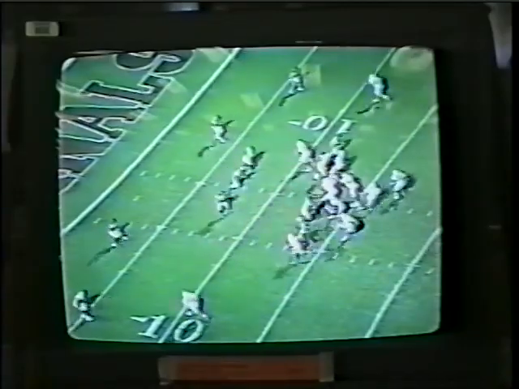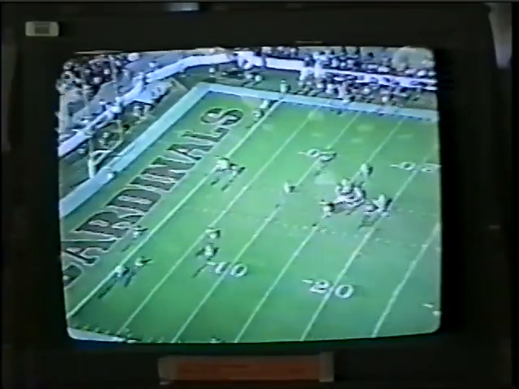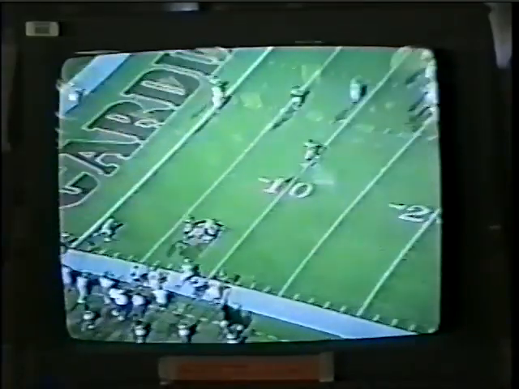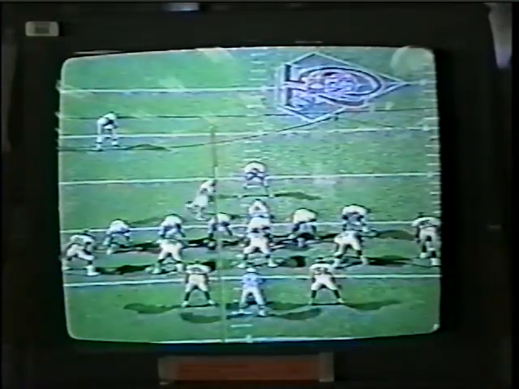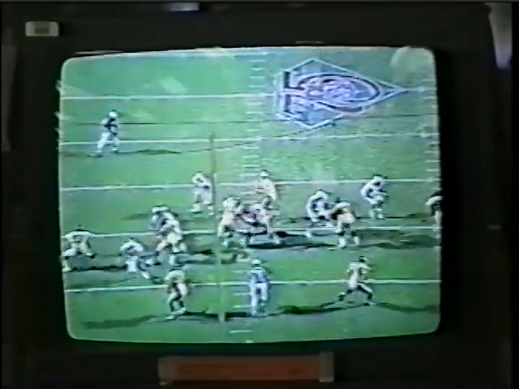Here's a better picture of the ball going weak side. The corner doing a better job of reading it. Should get a little bit more adjustment by the backer.